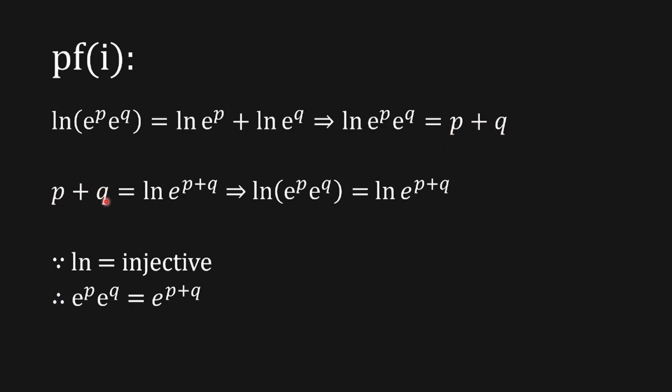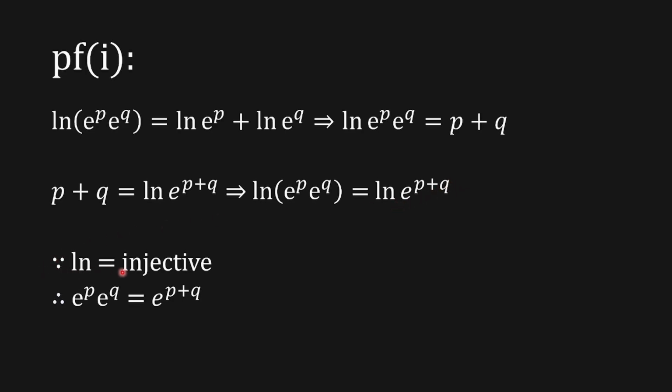Okay, so p plus q is equal to ln of e to the power of p plus q, right? Because we're taking ln of e, these cancel out, so this is basically multiplying by 1. This implies that ln of e to the power of p times e to the power of q is equal to ln of e to the p plus q.